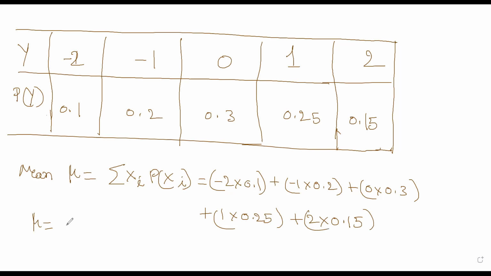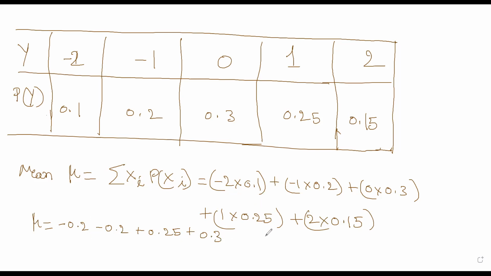Can you calculate and tell me? Yeah. So minus 0.2, minus 0.2, plus 0.2. Then 0.25 plus 0.25. 2 into 0.15 comes out to be 0.3. Okay, 0.3.